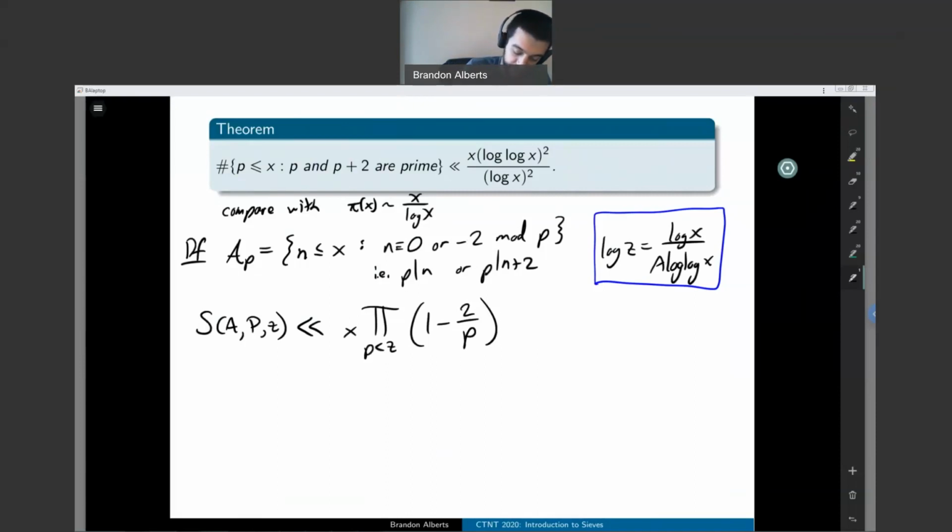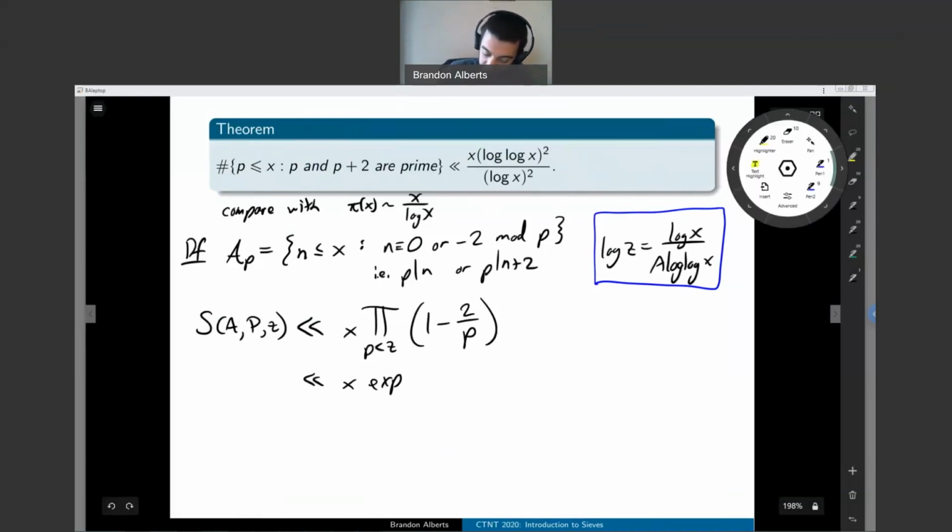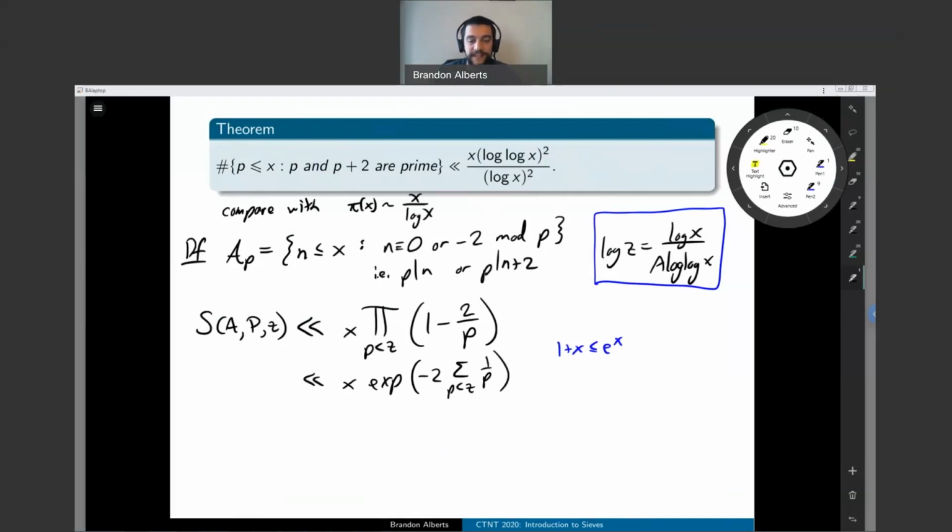So using the exponential trick, and the fact that 1 plus x is less than or equal to e to the x, this is bounded above by the exponential of negative 2 times the sum over p less than z of 1 over p. So that's log log z.